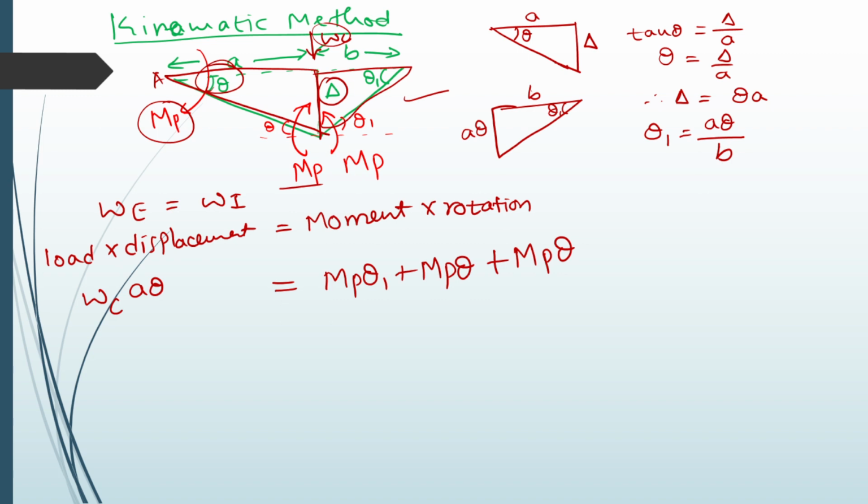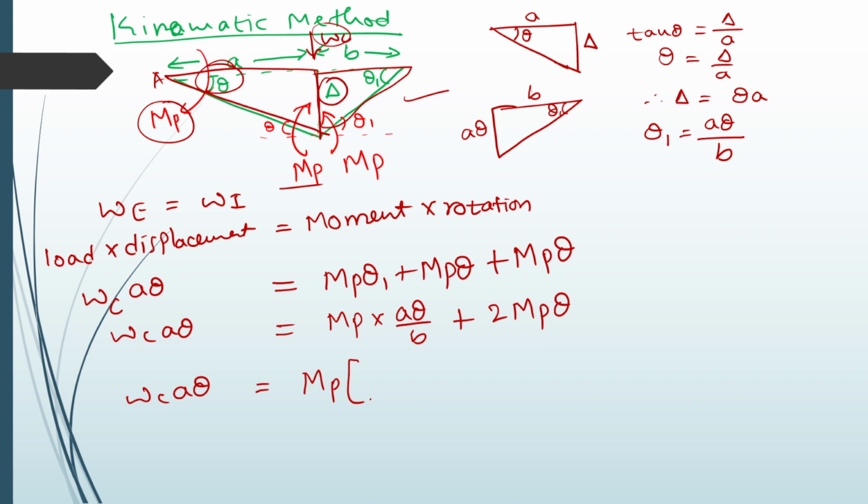So now Mp theta 1, that is Mp into a theta divided by b, plus 2 Mp theta. This is Wc into a theta, so Wc a theta is the left hand side. On the right hand side I am going to take Mp as a common term, and we can also take theta, so Mp theta.